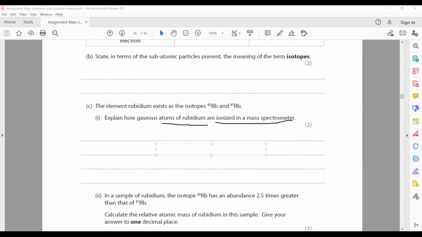By using fast moving electrons, target the sample to knock out electrons from the shell.